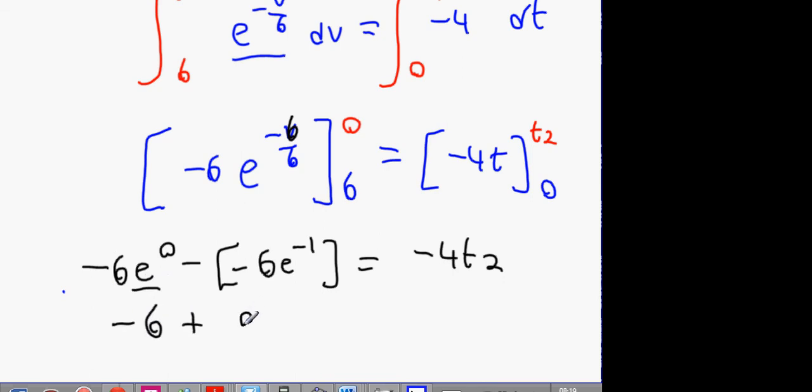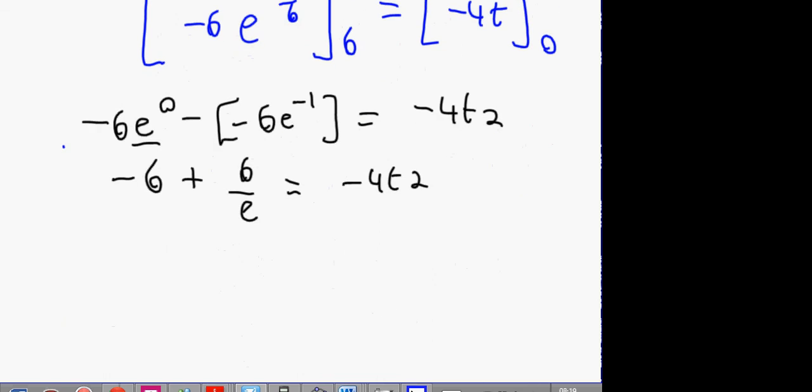It's going to be +6 over e, and that equals -4t2. Multiply both sides by -1 and divide by 4, so that's going to be a plus. This here is going to be a minus, that's going to be a plus, then divide by 4. We're going to have 6 over 4 minus 6 over 4e equals t2.